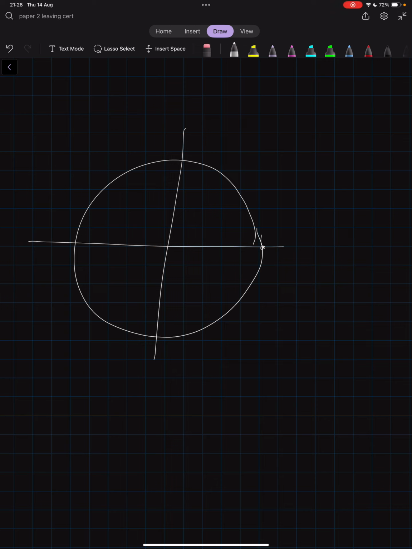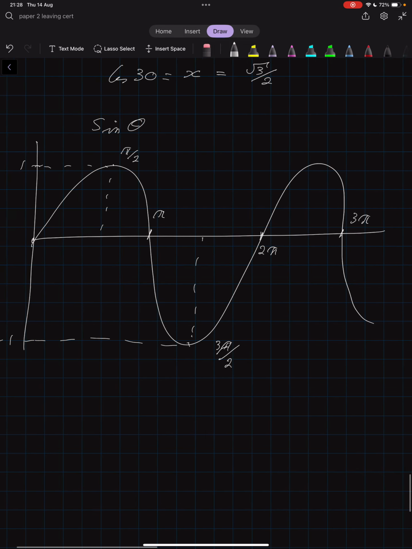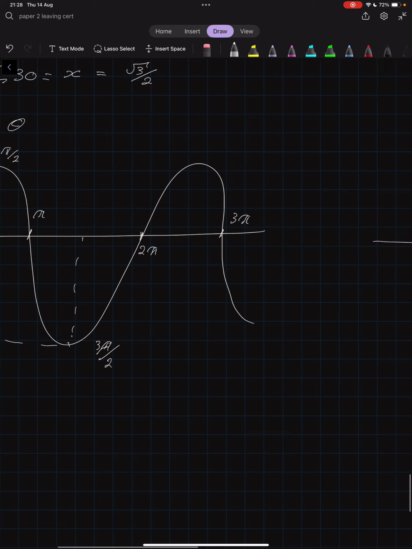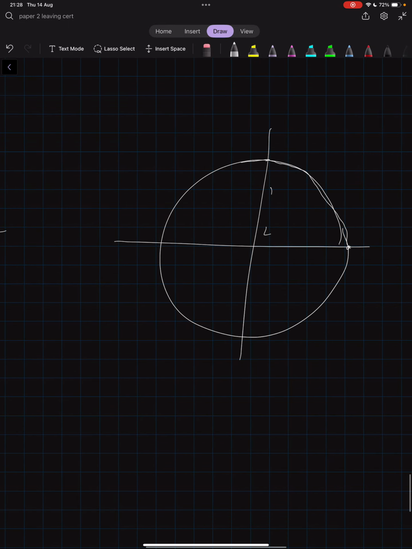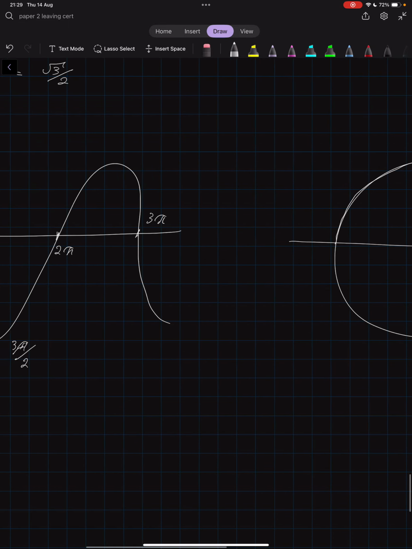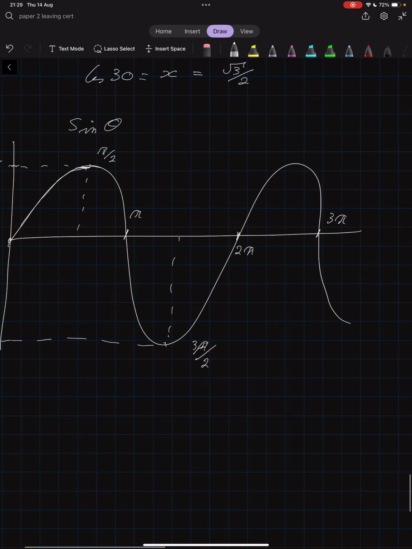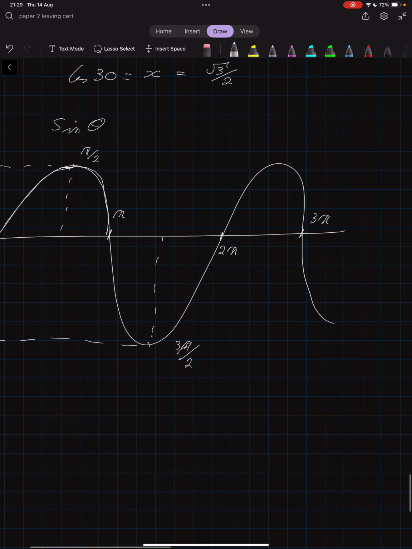Then the height increases and increases, and it reaches a maximum height of 1 at an angle of 90 degrees, or pi over 2. And then it starts to go down and reaches 0. And then the same thing happens on the bottom, and then it just repeats itself.